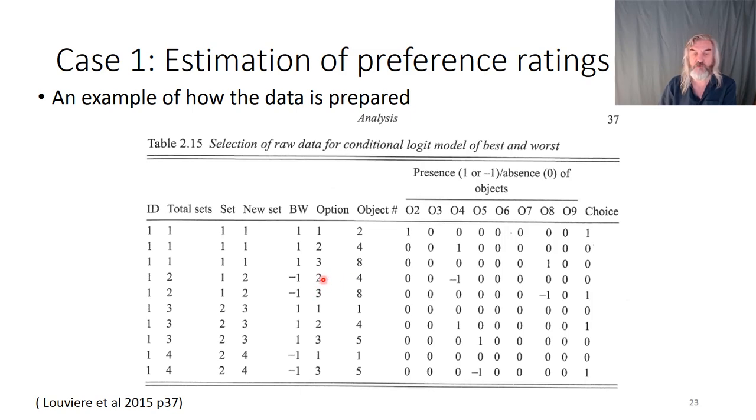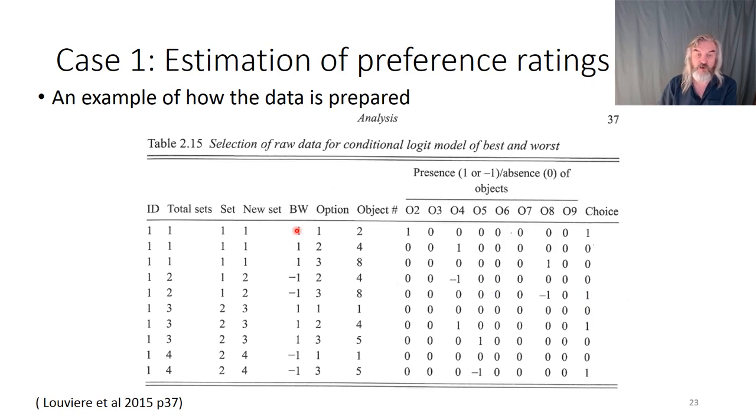So we have 2 and 3, this is 4 and 8 that are left in, and then we look at the presence or absence. We can see that here's object 4, but now coded as a -1 because this is now the worst choice, and here is -8 because this is the worst choice. And here you can see that when they were asked to make their selection of what was worst, they chose object 8, and there's the one, the choice.